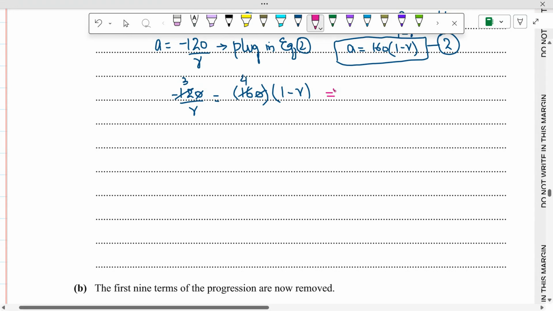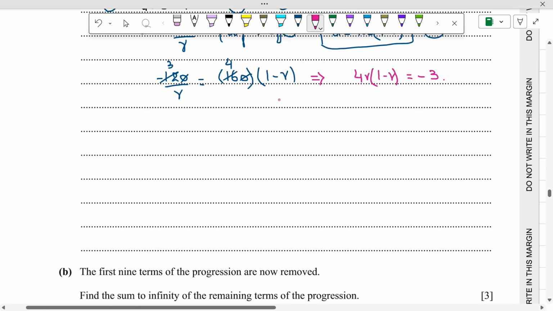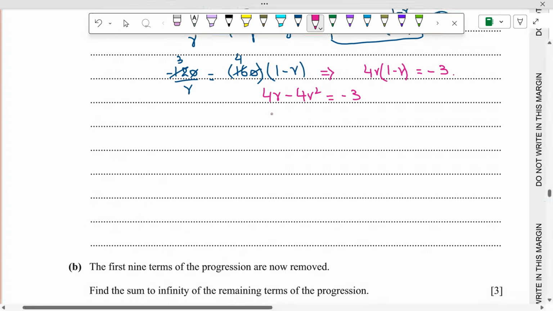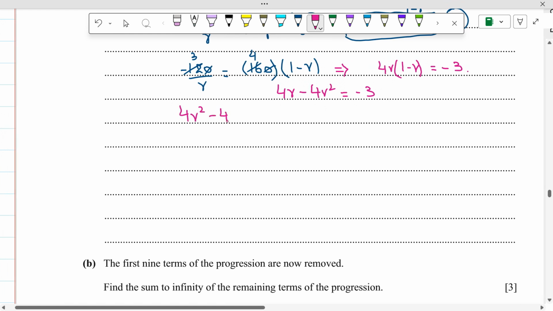By cross multiplying, we will have 4R times 1 minus R is equal to negative 3. Further solving, we will have 4R minus 4R squared is equal to negative 3, and this is 4R squared minus 4R minus 3 equal to 0.